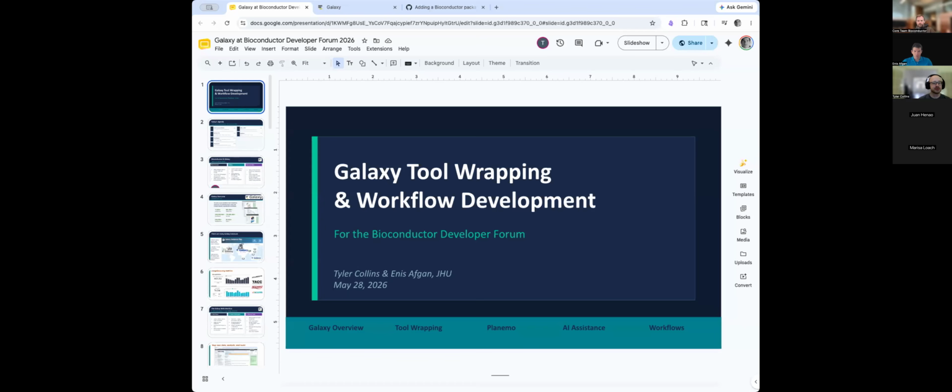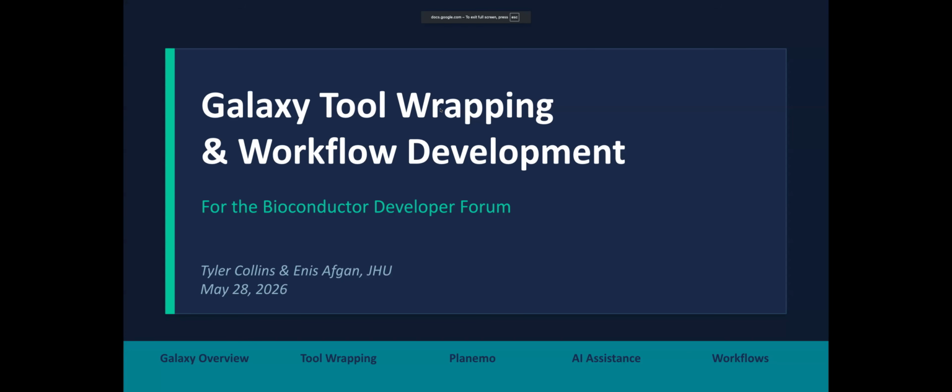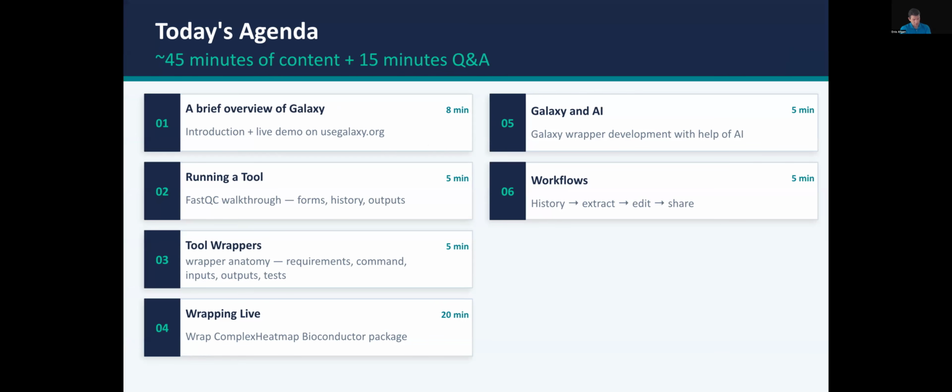This is intended as an interactive, back and forth presentation. We'd like to show the process and some of the tooling around getting tools, Bioconductor packages specifically, wrapped as what's called Galaxy tools.